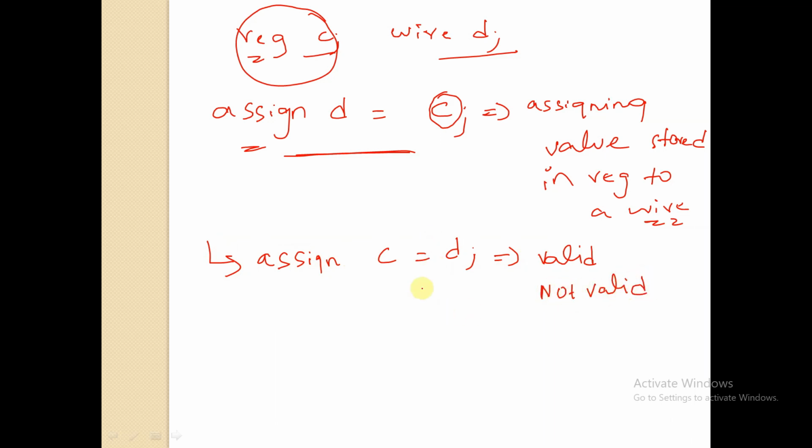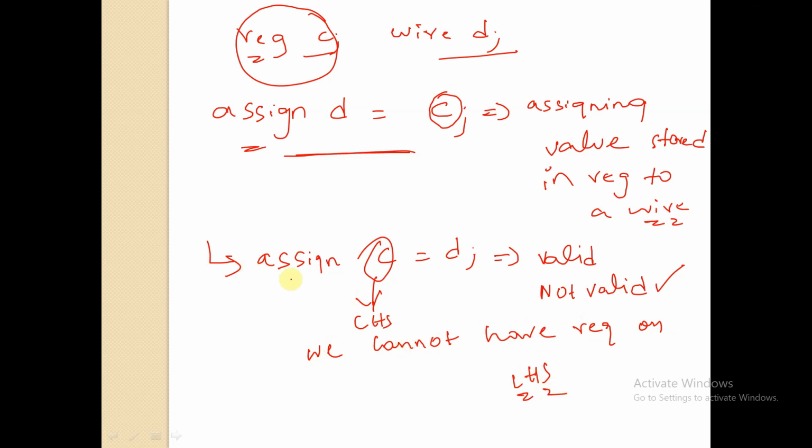Assign C is equal to D. This is not valid, because we cannot have a reg on the left hand side. This is the rule in the continuous assignment statement.